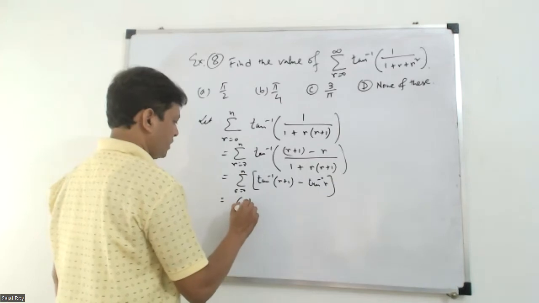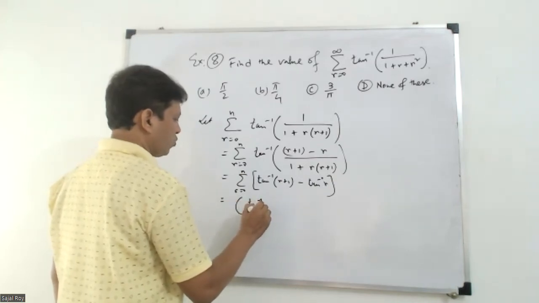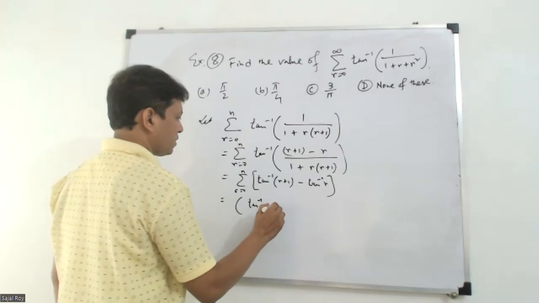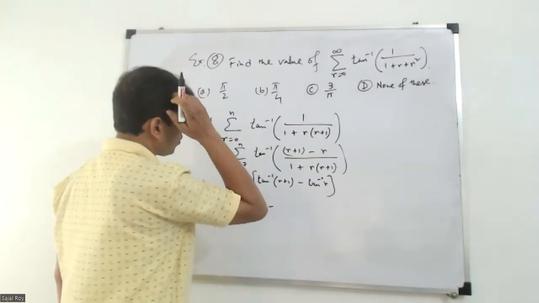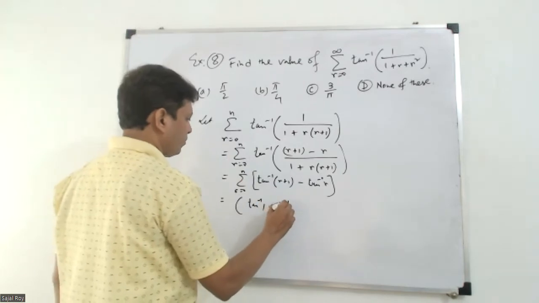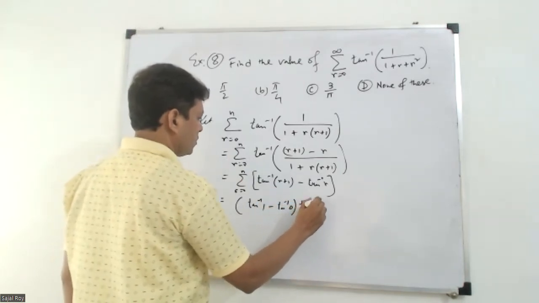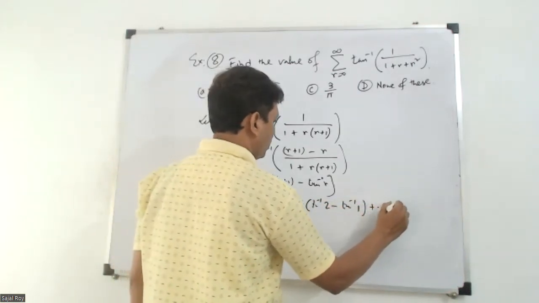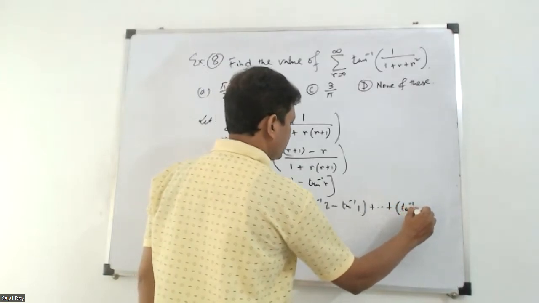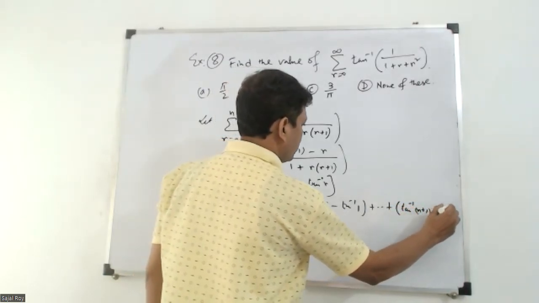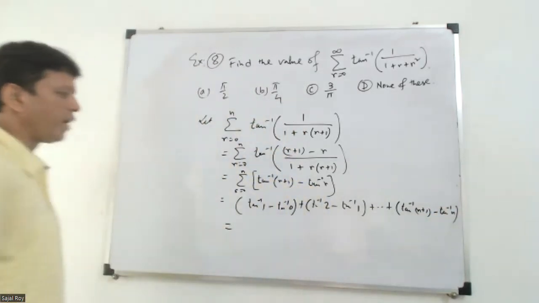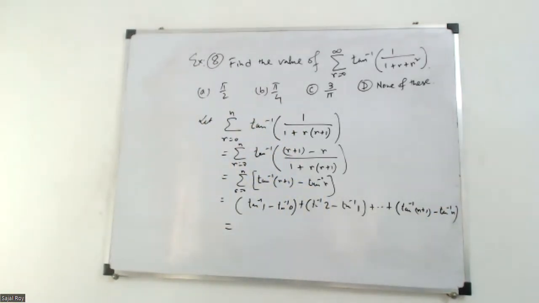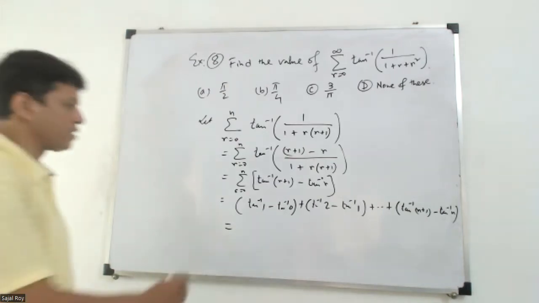So basically you have tan inverse 1 minus tan inverse 0, which means 0, since your r starts from 0. Plus tan inverse 2 minus tan inverse 1, and so on. Ultimately you have tan inverse n plus 1 minus tan inverse n. So what will we remain with? Only tan inverse n plus 1, the rest will be cancelled.